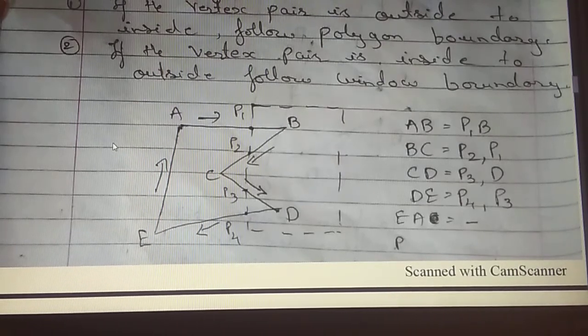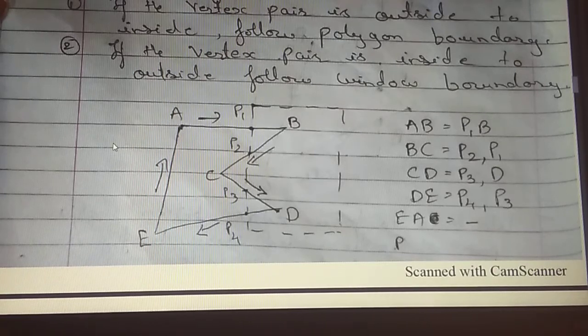And lastly, EA will not be considered, as it is not intersecting with the window anywhere. So the data which you get is P1B, P2, P3D and P4. These are the visible portion which you will get.